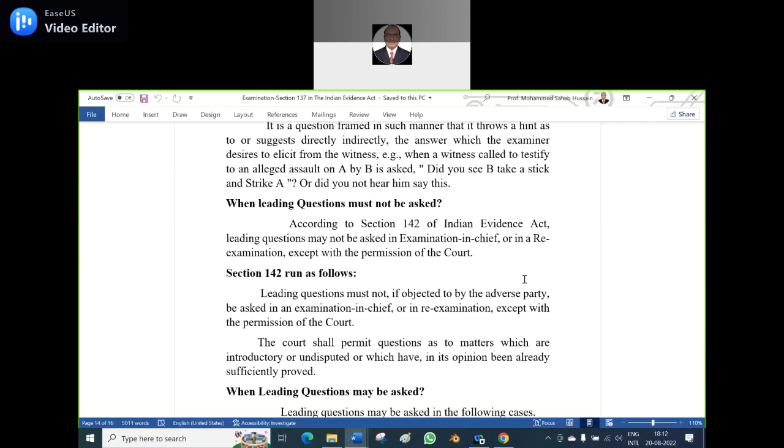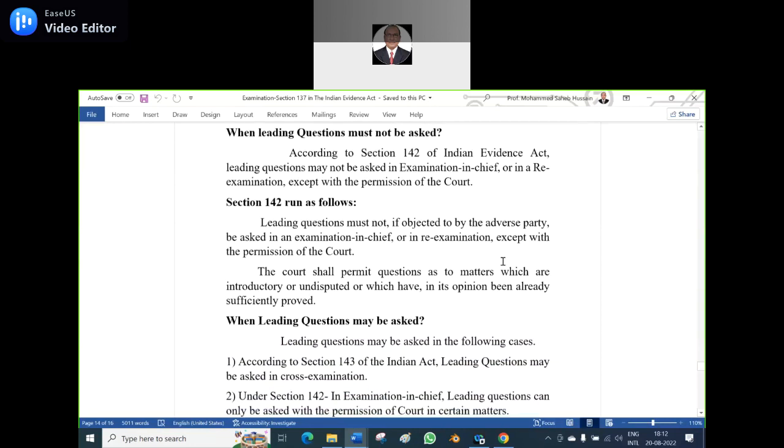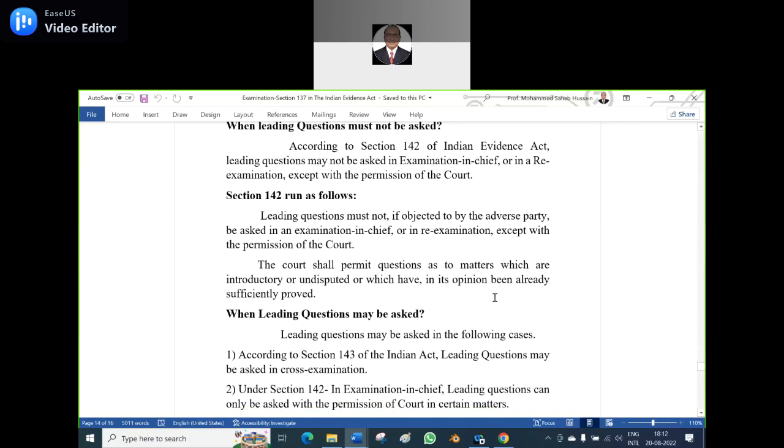But a leading question is not supposed to be asked in cross-examination also. Most people will ask leading questions in the cross-examination, but the counsel makes an objection, and for that a judge may decide it. Am I right?